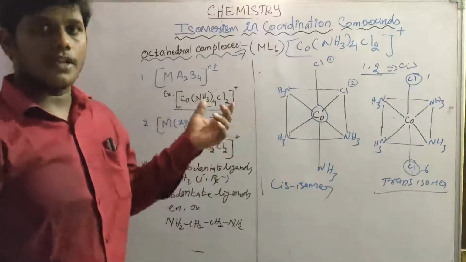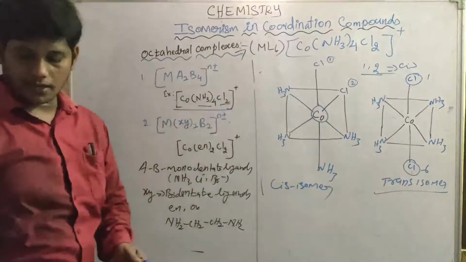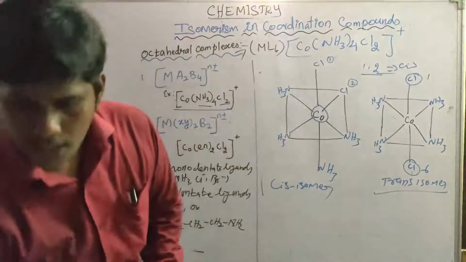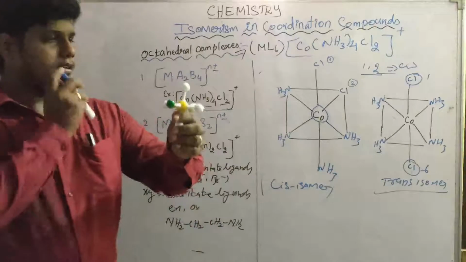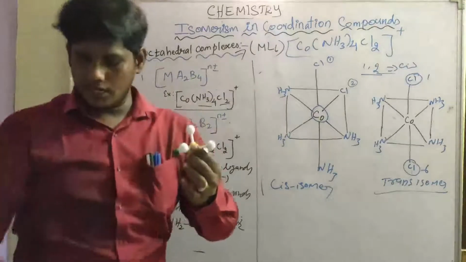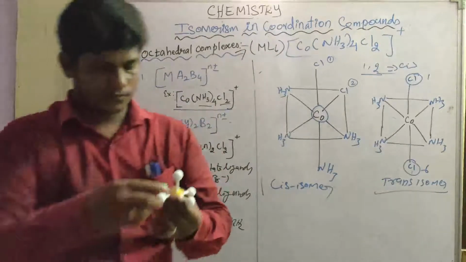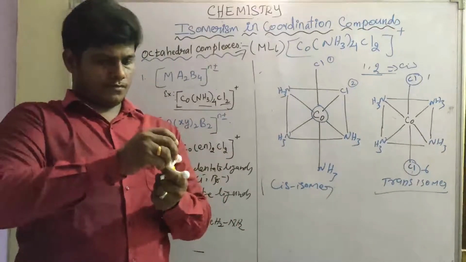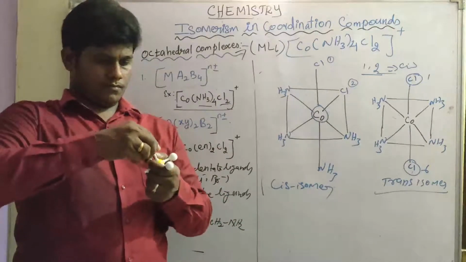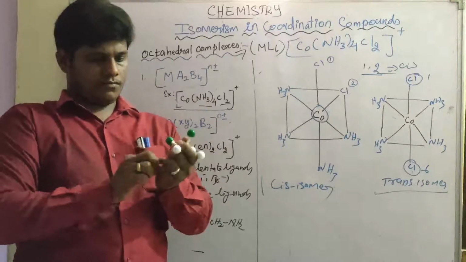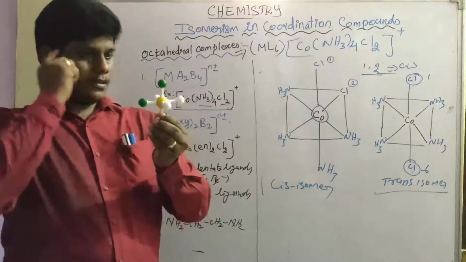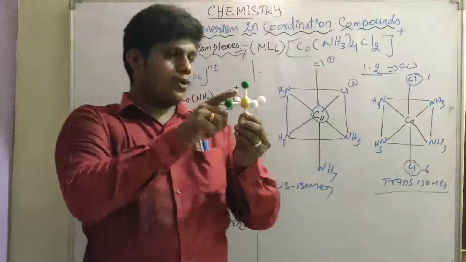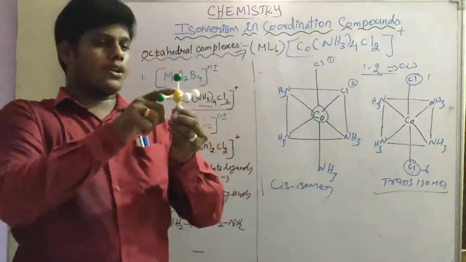Okay. Next we discuss bidentate ligands. Let us see an example. The yellow ball is the cobalt complex.